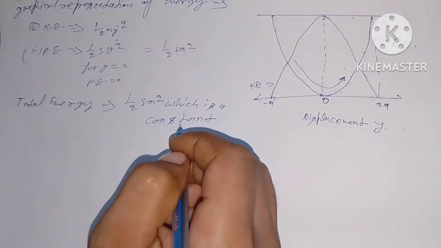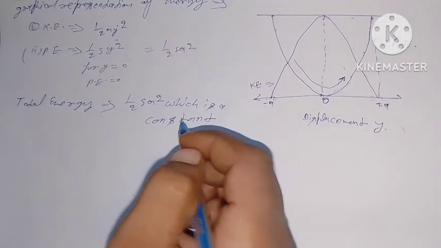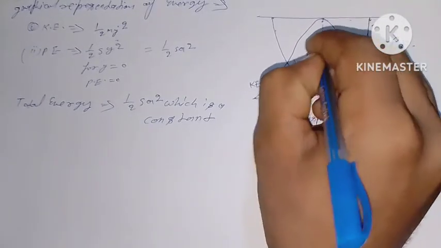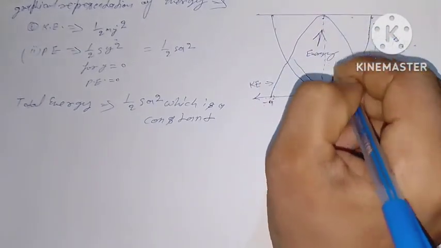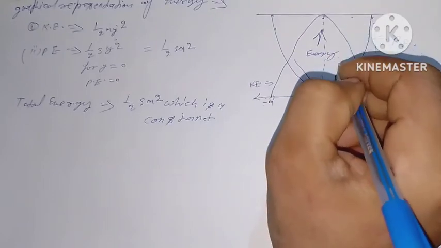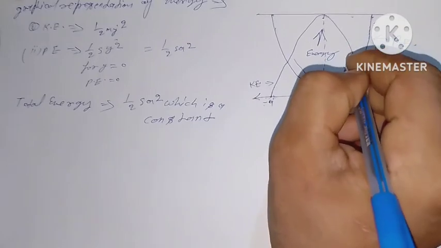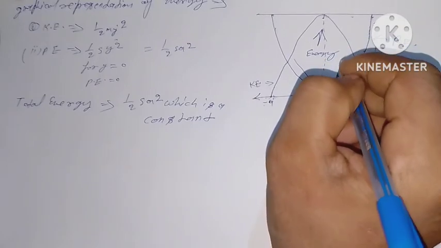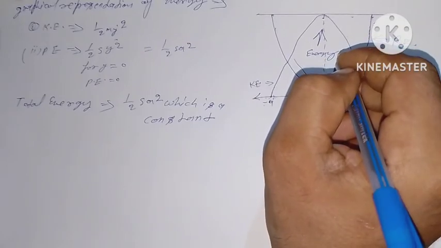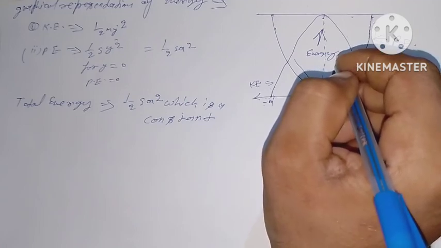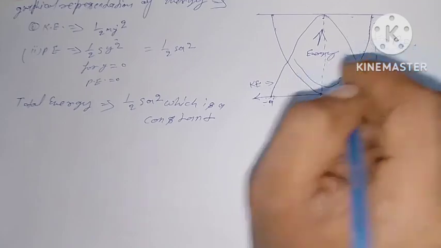This is represented by the straight line parallel to the displacement axis. Thus the total energy of the particle at any point executing simple harmonic motion remains constant, remains conserved. Okay, thank you.